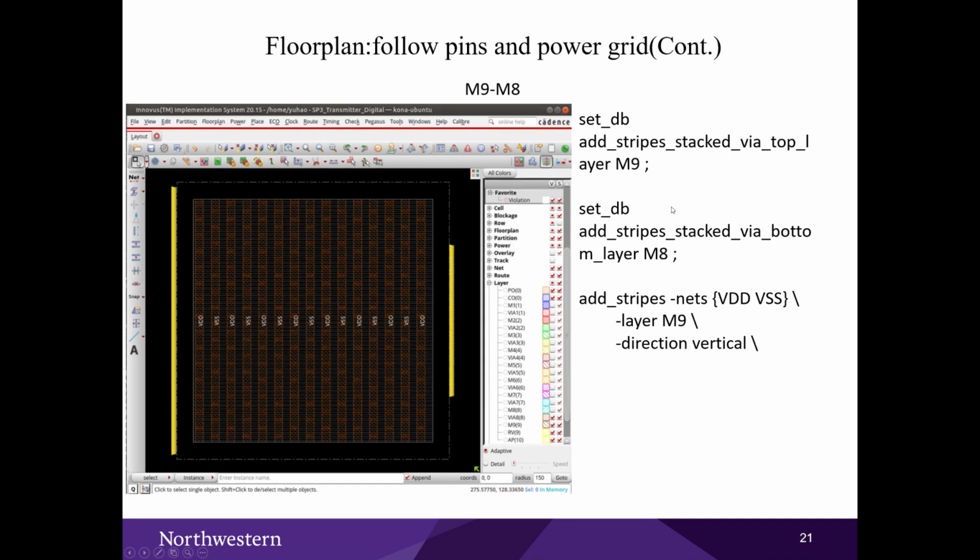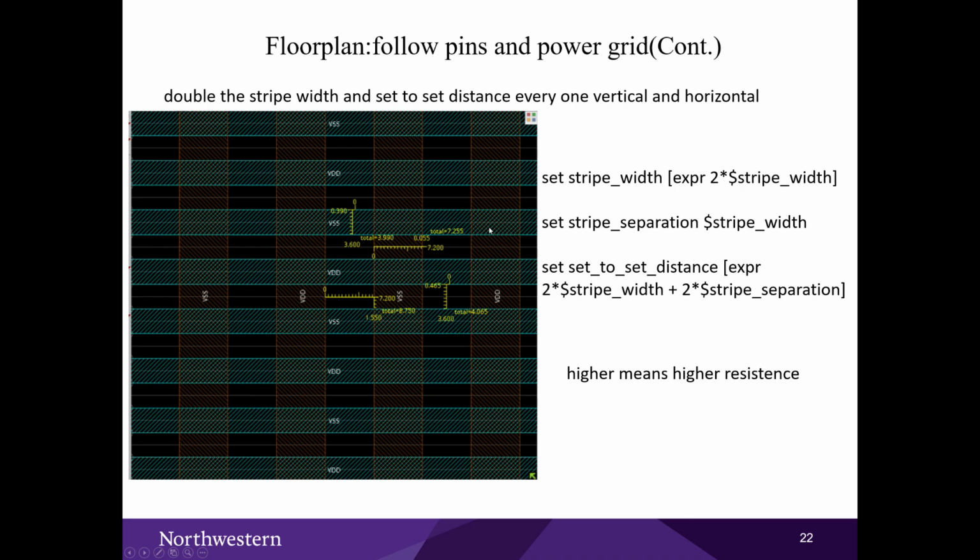And last, we set the power stripes on M9. So here we also need to double the stripe width and stripe set-to-set distance. You can see in the left picture, the power stripe width on the M9 layer is 7.2 micrometers, and the one in the M8 layer is 3.6 micrometers.